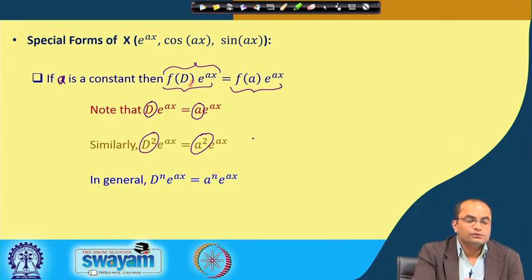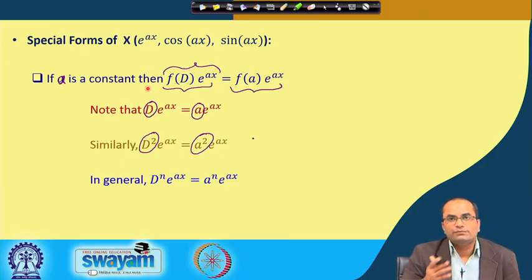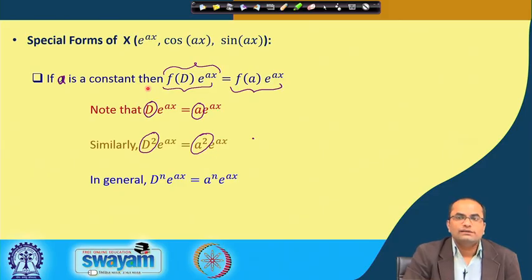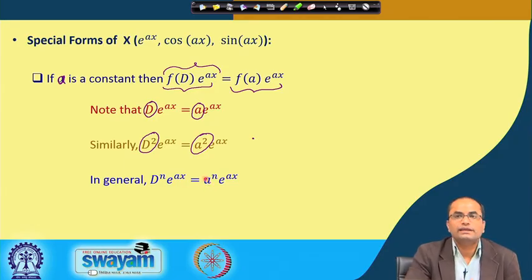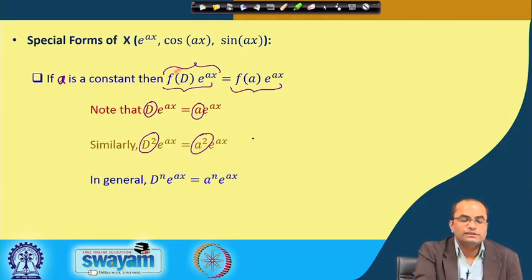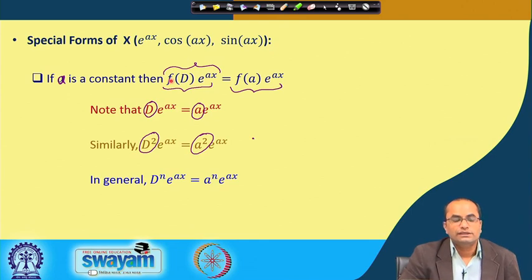So, when we have this operator f(D), which is usually D power n plus kind of a polynomial, the same thing will happen: D power n e power ax will be replaced, D is going to be replaced by a. So, in the whole expression, when we apply f(D) on e power ax, all the D will be replaced by a.